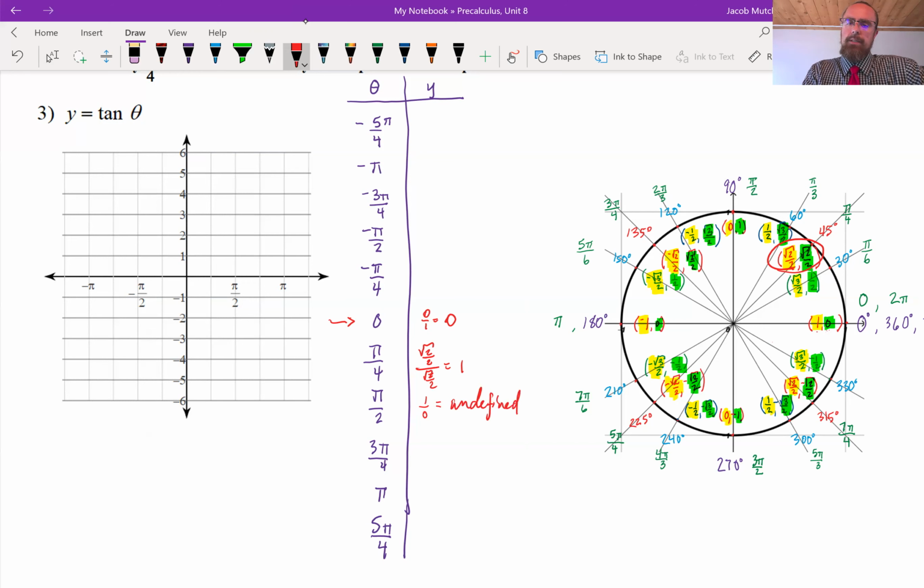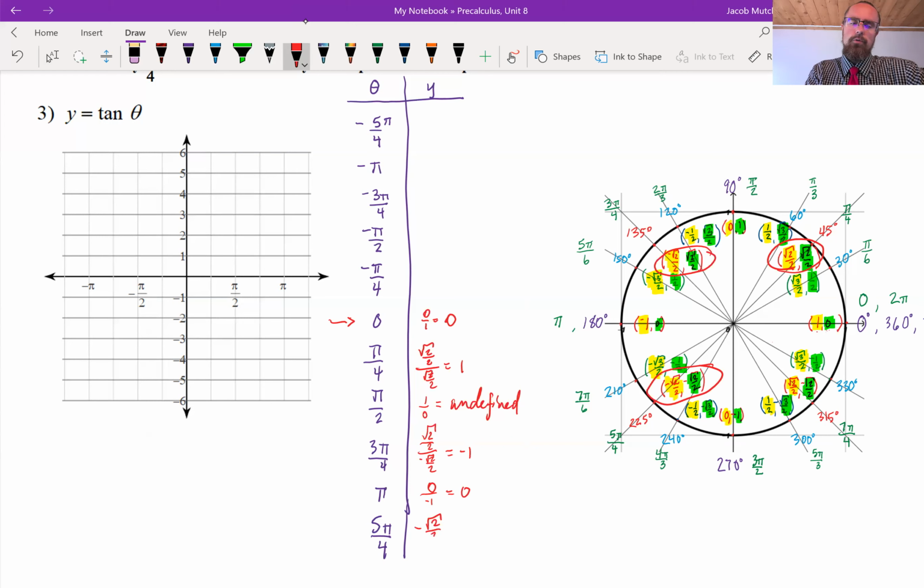So then let's pick up again. 3 pi over 4 is over here in the second quadrant. There my numbers are the same, square root of 2 over 2, but the x value is negative. So it'd be square root of 2 over 2 divided by negative square root of 2 over 2. That's going to be -1. At pi itself, we're back to -1, 0. So that's going to be 0 divided by -1, which is 0. And then 5 pi over 4, they're both negative, but again, the same value.